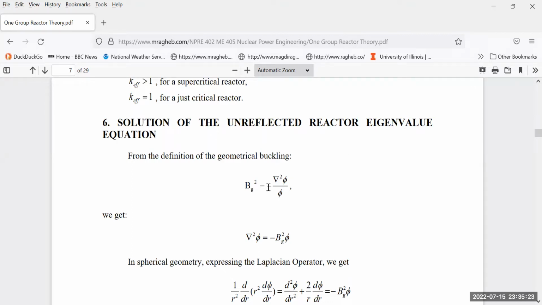We identified minus del squared phi over phi as being the geometric buckling. All right, let's take that definition and use the scissors rule again, and you find that del squared phi is equal to minus B squared, the geometric buckling, times phi.